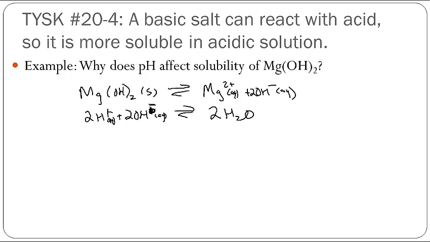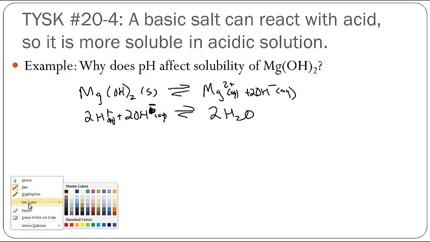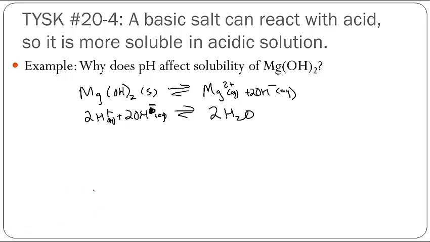So let's look at it in terms of Ksp. What's my Ksp for magnesium hydroxide? From our sheet, I think it's on there. All right. So let's go back to thermo.